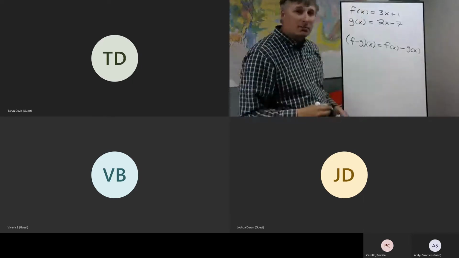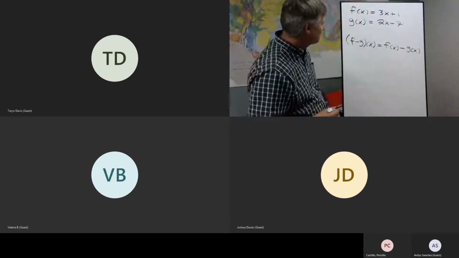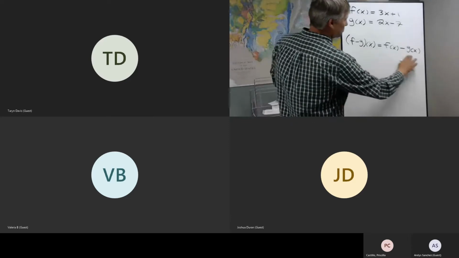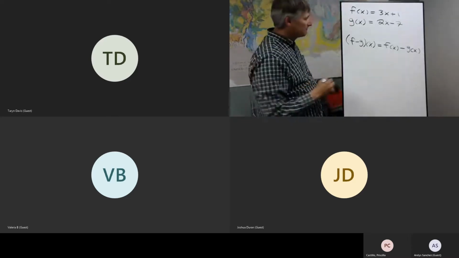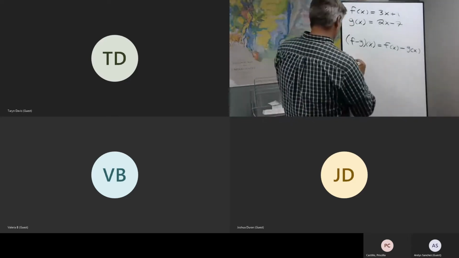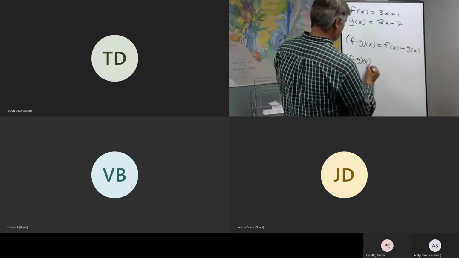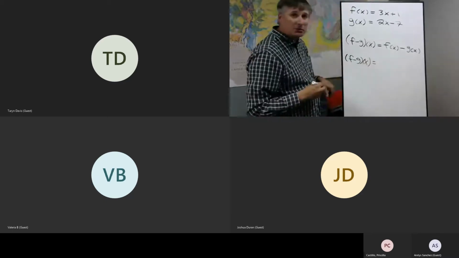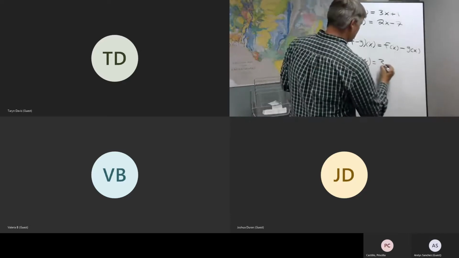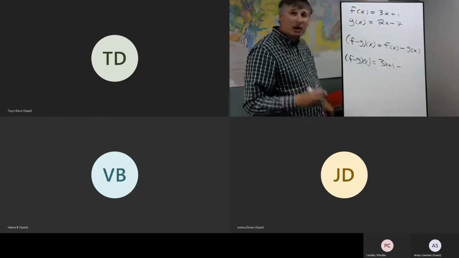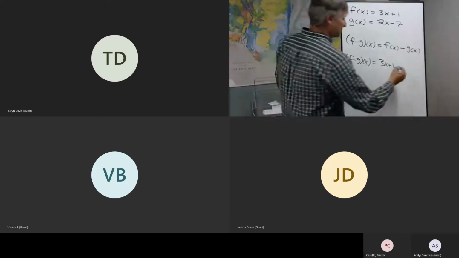So f of x minus g of x. So what this means is we just subtract the two functions. So f minus g of x. f of x is 3x plus 1. And then we're going to subtract the entire function of g of x.